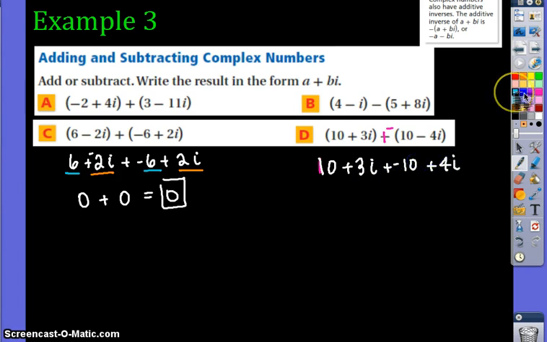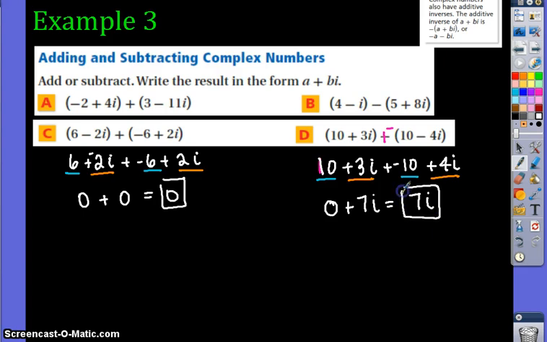All right, so again, our like terms would be the 10 and the negative 10, and then our imaginary parts would be the 3i and the 4i. If we combine them, the 10 and the negative 10 gives me a 0, and then the positive 3i and the positive 4i gives me a 7i. So in a cleaned up form, that would be just 7i as our final answer.